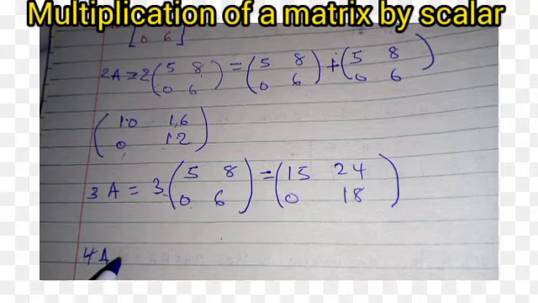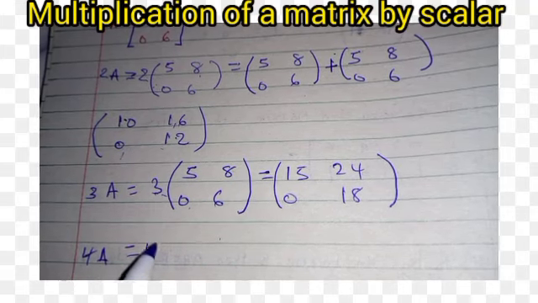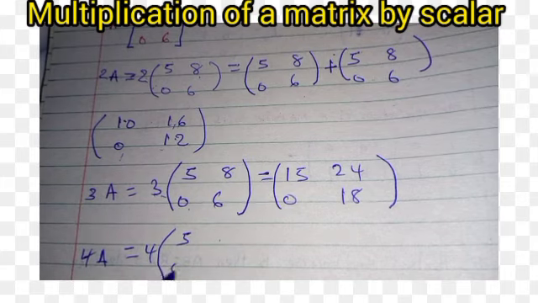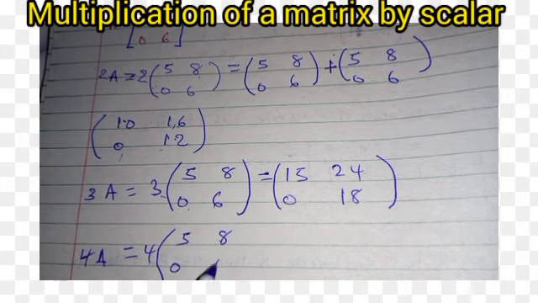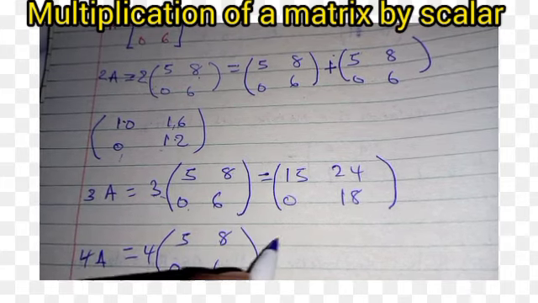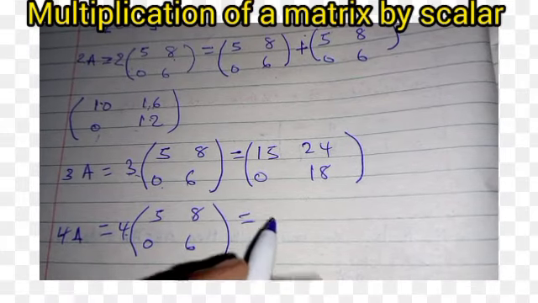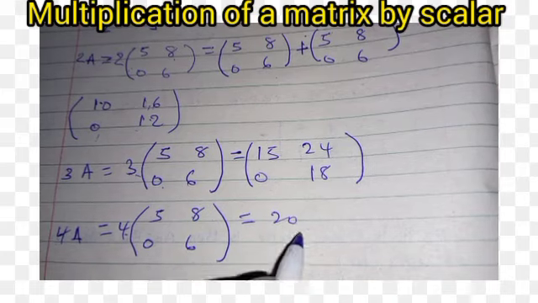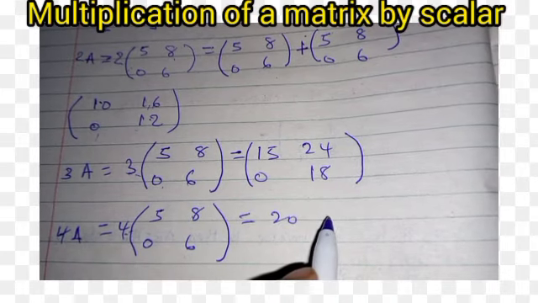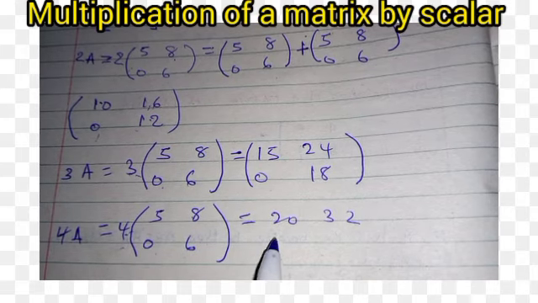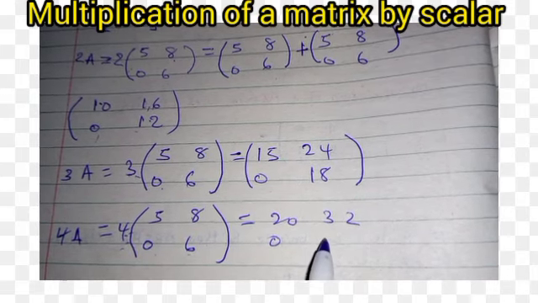4A means that you have 4, then you write the matrix A, which is 5, 0, 8, 6. Then you multiply each element with the 4. So 4 times 5 will give you 20, 4 times 8 will give you 32, 4 times 0 will give you 0, 4 times 6 will give you 24.